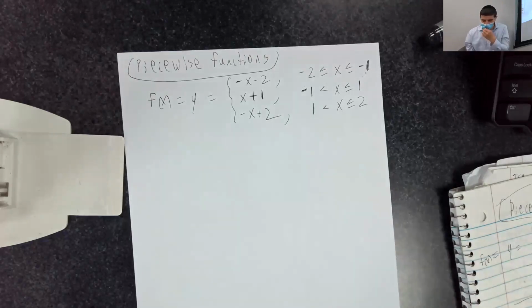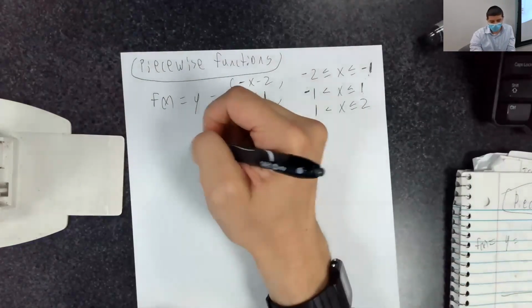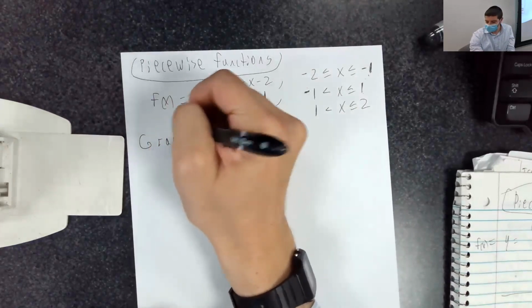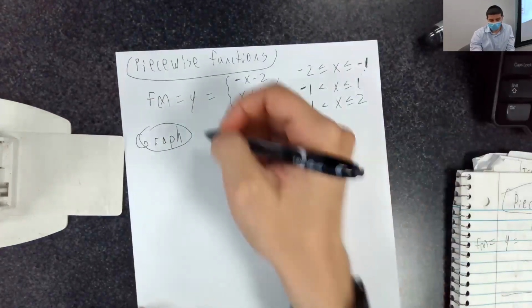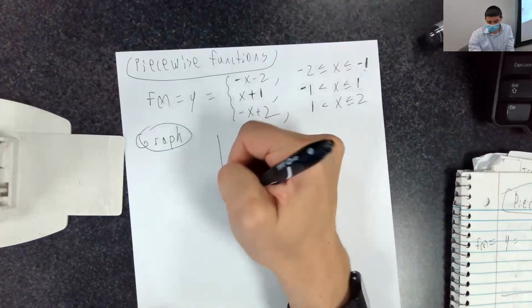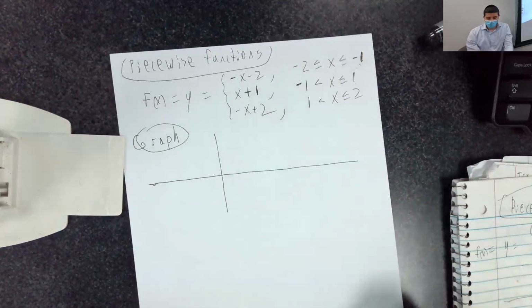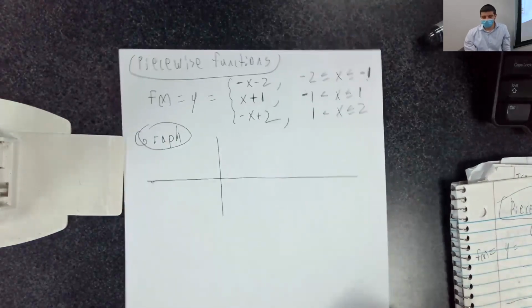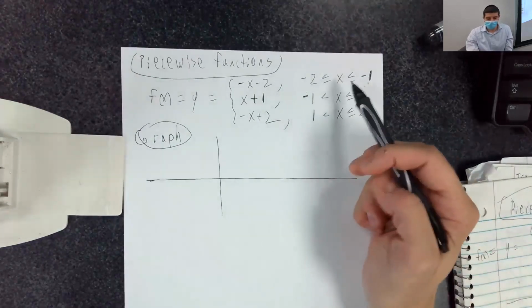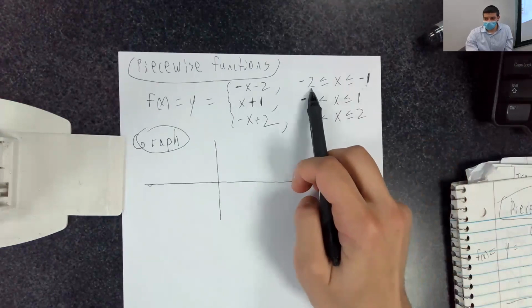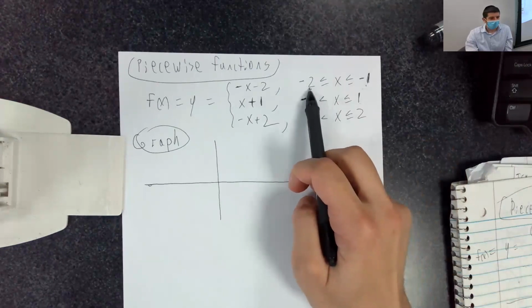Okay, so how did these get glued together? Now we can graph it. You guys have to graph it. Okay, so how do you start it? You could just start with the first function. You could just start with the first number you see, negative 2.